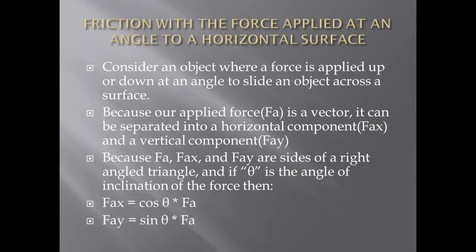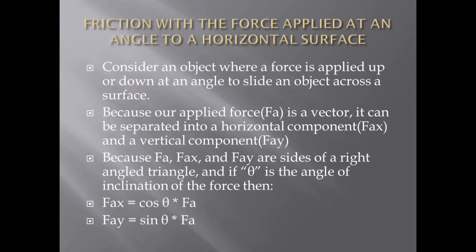Consider an object where a force is applied up or down at an angle to slide an object across a surface. Because our applied force Fa is a vector, it can be separated into a horizontal component, Fax, and a vertical component, Fay.